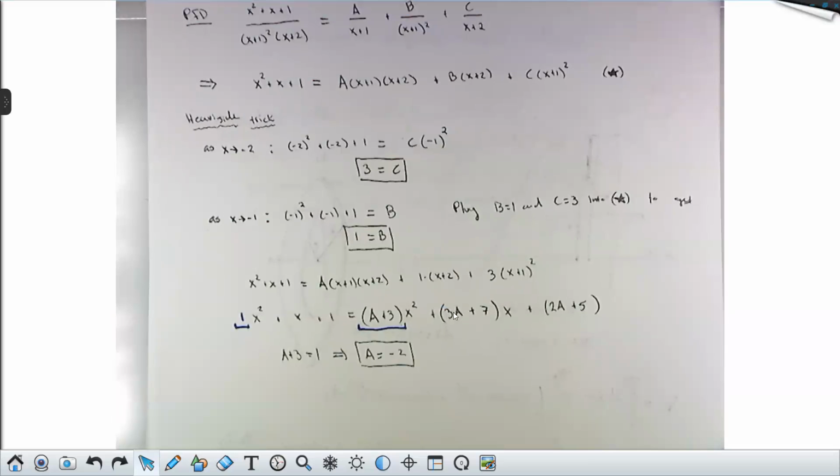You plug negative 2 in for a here, then this would become negative 6. Negative 6 plus 7 is positive 1x, good. If you plug negative 2 in here, then this is negative 4 plus 5, which is also 1. Okay, good. Are we all clear on where I'm getting A, B, and C from here?